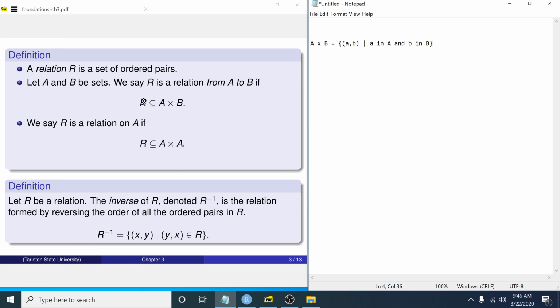So first of all, it's clear that if R is a subset of A cross B, then R is a relation. On the other hand, if R is a relation, it's a set of ordered pairs, and the elements of those ordered pairs have to live somewhere.